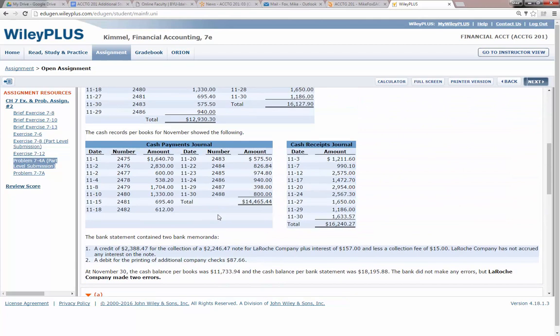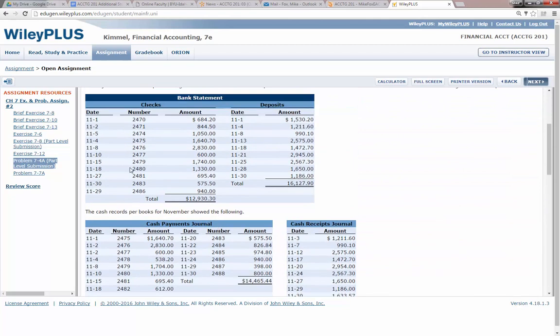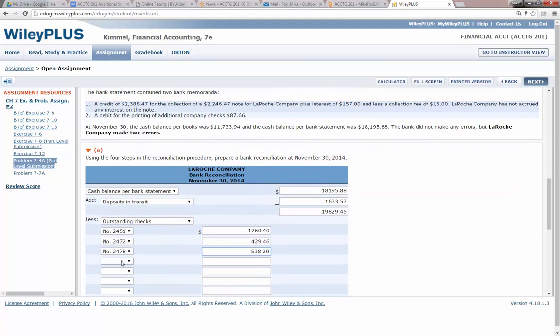And we do this for each one. 2479, there it is for $17.40, 2480 for $13.30, 2481 for $695.40. 2482 we have on our books, but it's not showing up at the bank, so 2482 for $612 is another outstanding check.